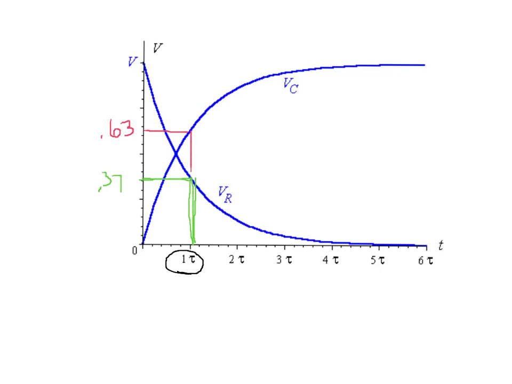At that particular time, we have lost 63% of our resistor's voltage, so we are at 0.37 of the initial value, but we have built up to 63% of the capacitor's final voltage. Remember, this was going to be the voltage of the battery, or V sub S as it was called in that figure. So that's what's special about one time constant.